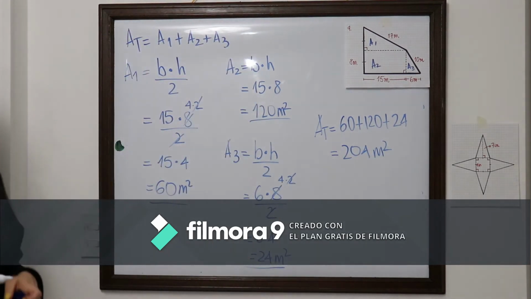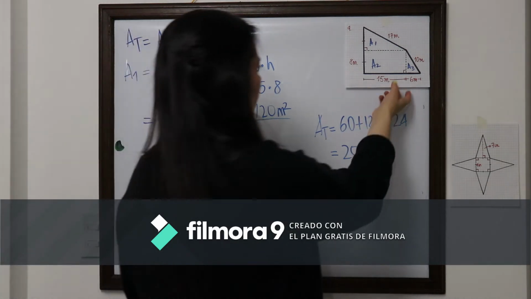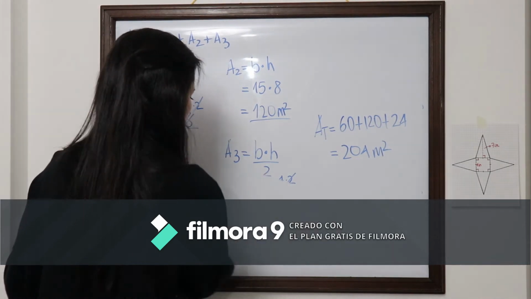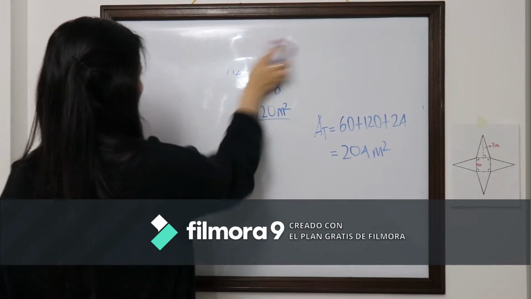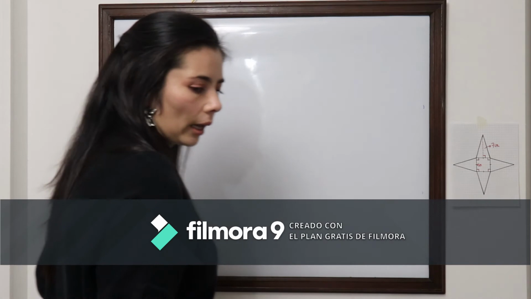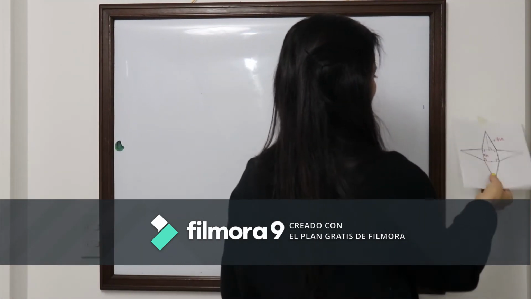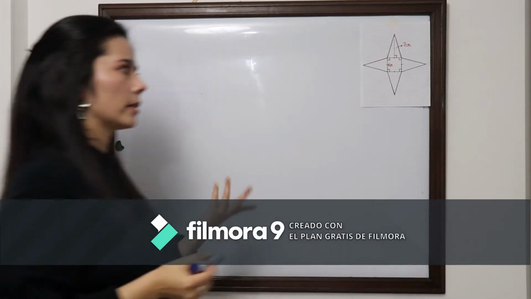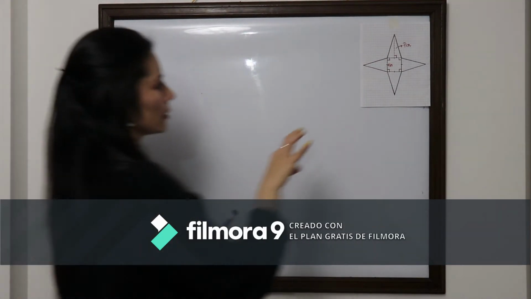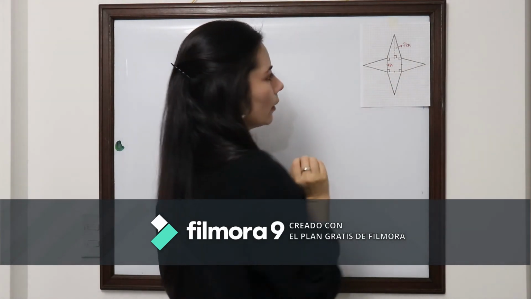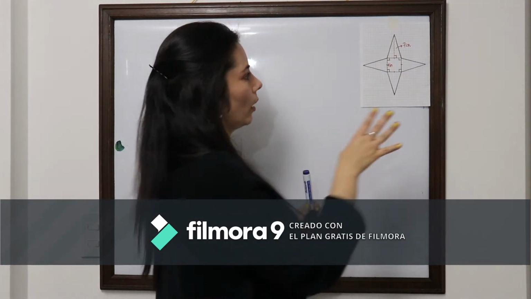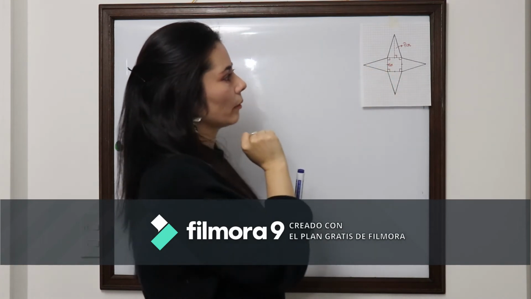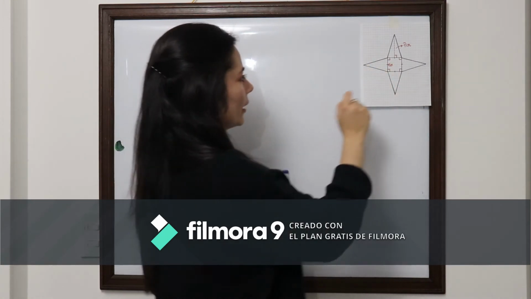Okay? That easy. Now, if you allow me, we're gonna work on an exercise that is not exactly on your lesson, but it's gonna give you a lot more of an illustration on how to work with irregular shapes and areas of triangles. Now, in this case, this looks like a star, right? Well, it's a star, but just probably a weird star or something.